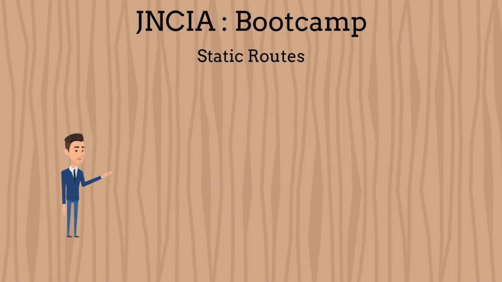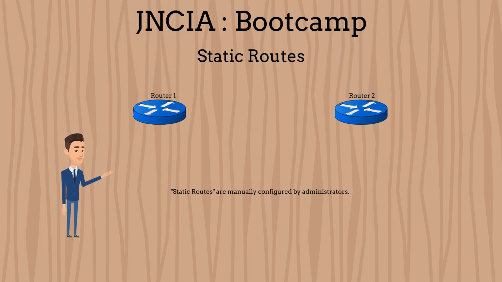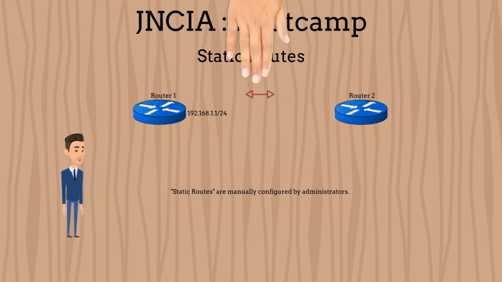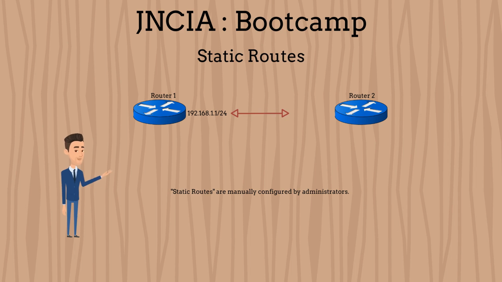Static routes. Static routes are manually configured by administrators. Here we see router 1 and router 2. Router 1 has an interface with the IP address 192.168.1.1/24 and it connects to an interface on router 2 with the interface IP address of 192.168.1.2/24 on the same network.